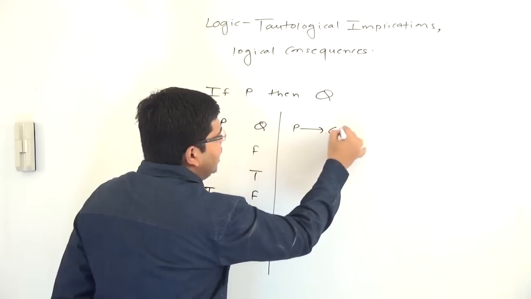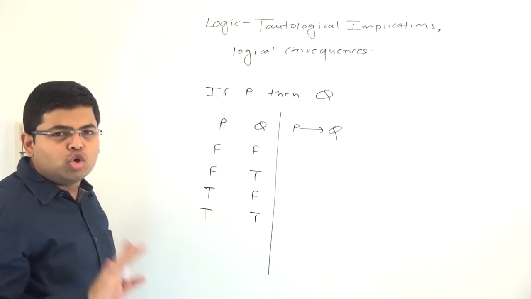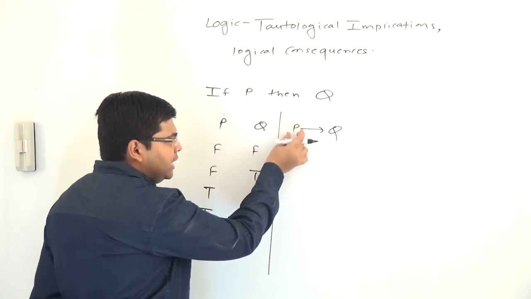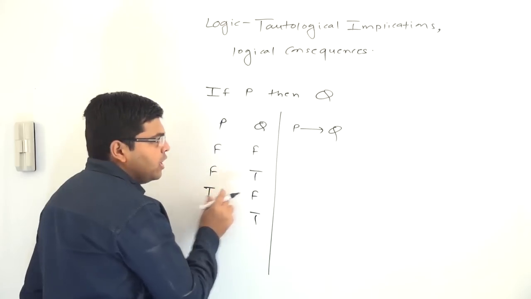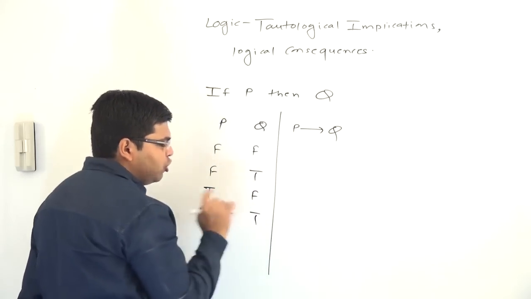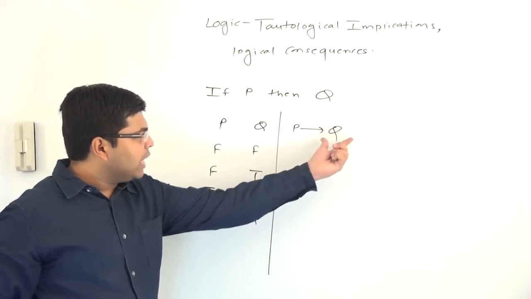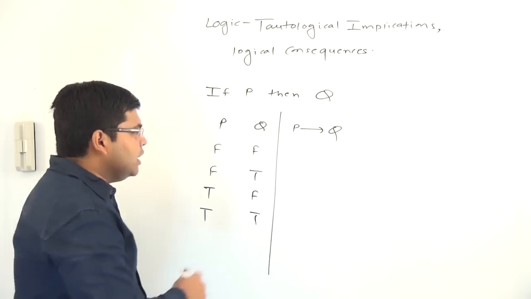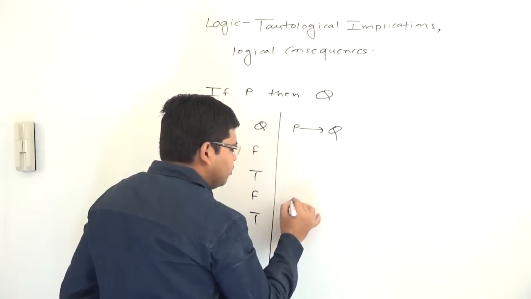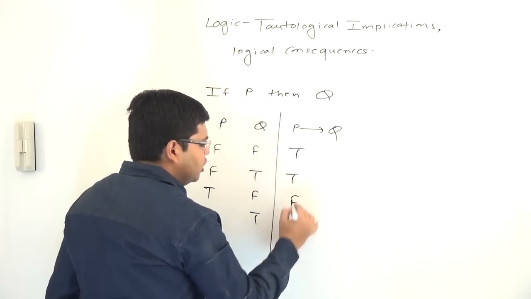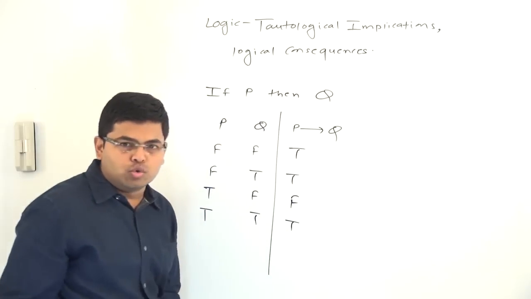Whenever the antecedent is true and the consequent is false, whenever the left hand side is true but the right hand side is false, the result of the implication will be false. In all other cases, the result of the implication will be true.